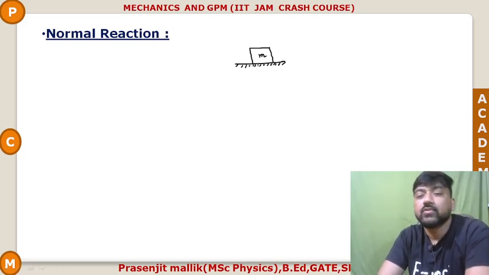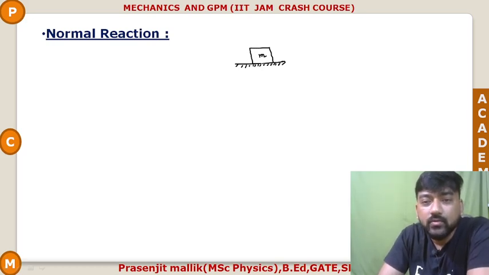Okay, so when this object comes in contact with this floor, what will happen here? This object will give a force to the floor, and the floor will react with the same force, and that reaction force, which is normal to this plane, is actually the normal reaction.